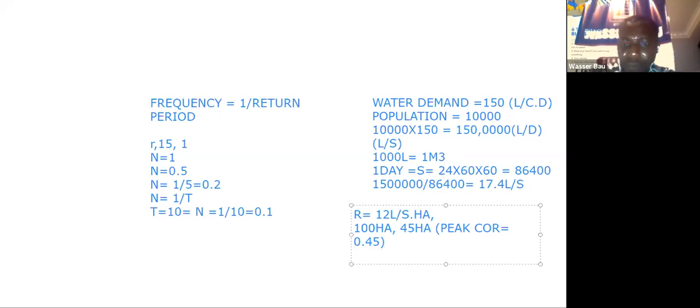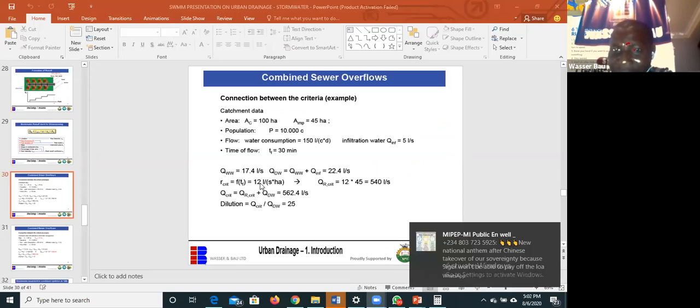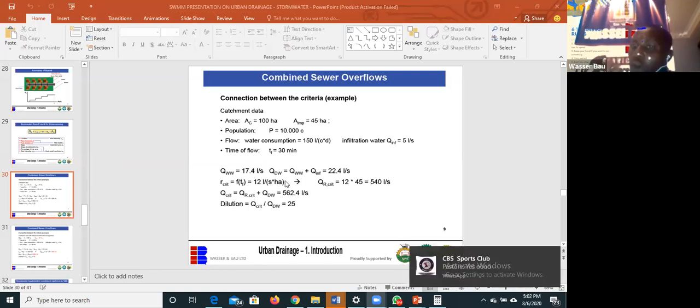Okay, now, if you look at this chart, if you look at our material, you find out that the intensity of rain in that area is about 12 liters per second for every 1 hectare. So in other words, the runoff coming per hectare is about 12 liters.